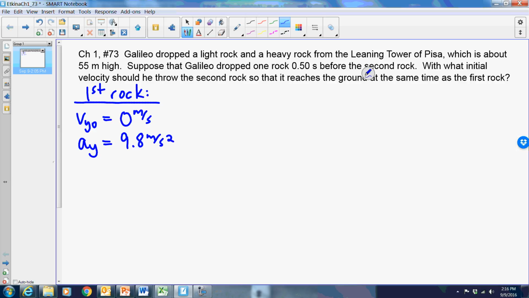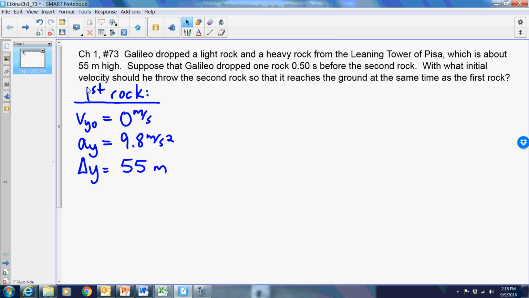Here I'm saying down is positive because the rocks never go up, so it's just simpler to make everything positive here. We do also know that both rocks really are going to drop the 55 meters. So that's the same for both of them, that they're going to drop down by that much.